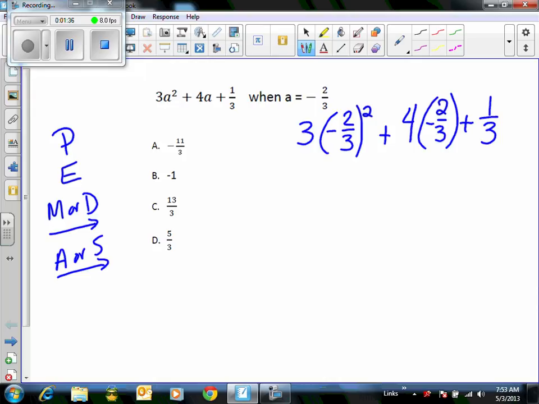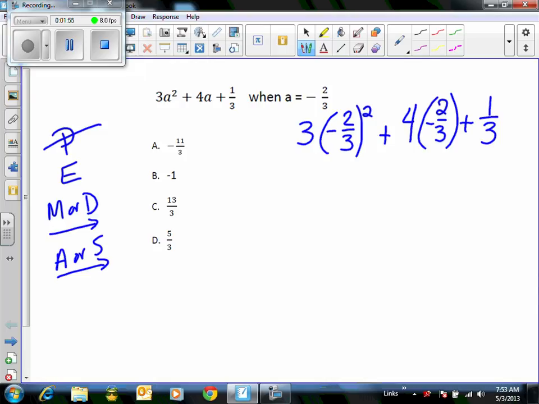Just because negative 2/3 is in parentheses, that's not parentheses. There has to be more than one operation inside of the parentheses for something to have to be done. It's just separating out and letting us know that that's a negative 2/3. So no parentheses are necessary.